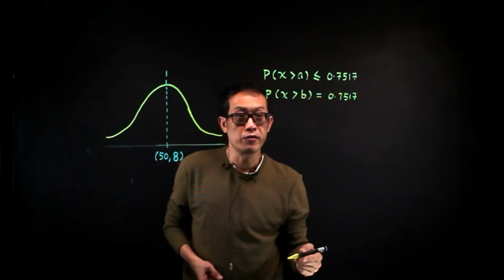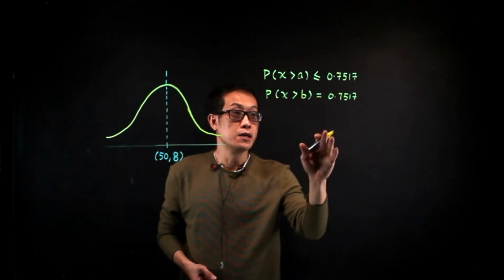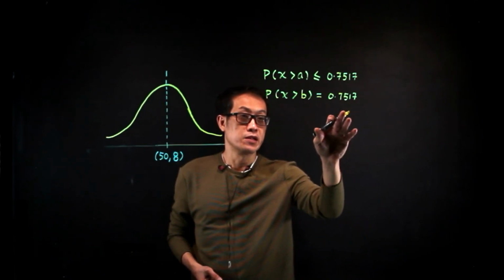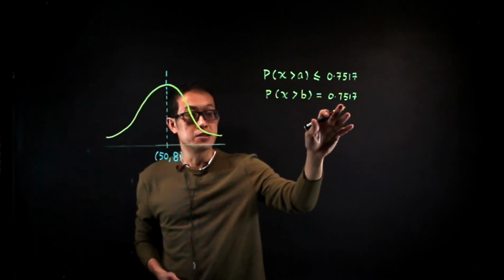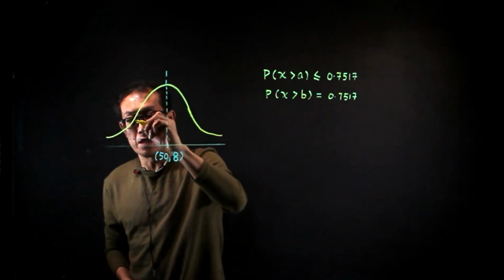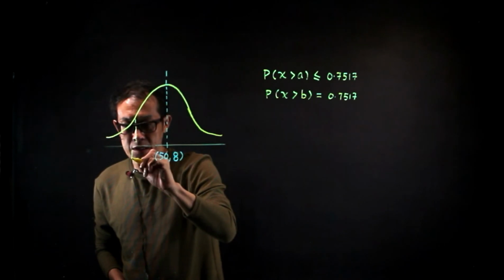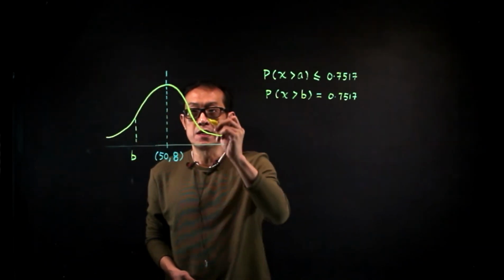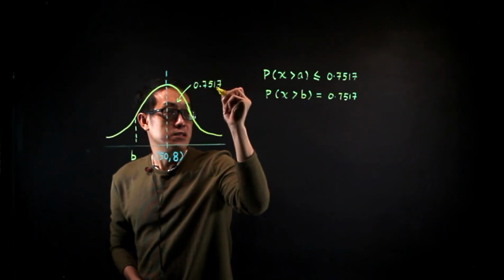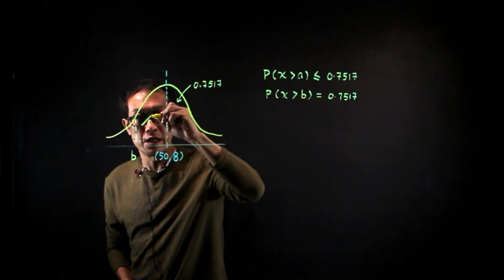Now let's find where is the location of B. You notice that this number is greater than 0.5. So B has to be here. So this is B. This area is 0.7517. Let me just shade this area.